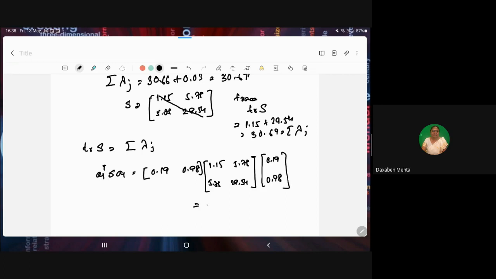Then you solve this, the value will be the first eigenvalue. So then you say the model is adequate.